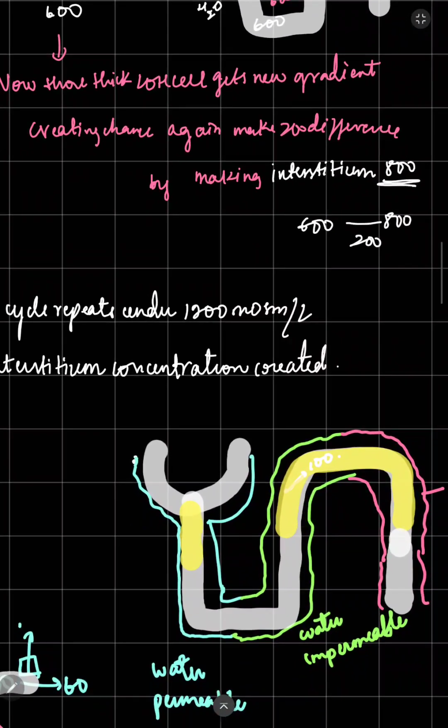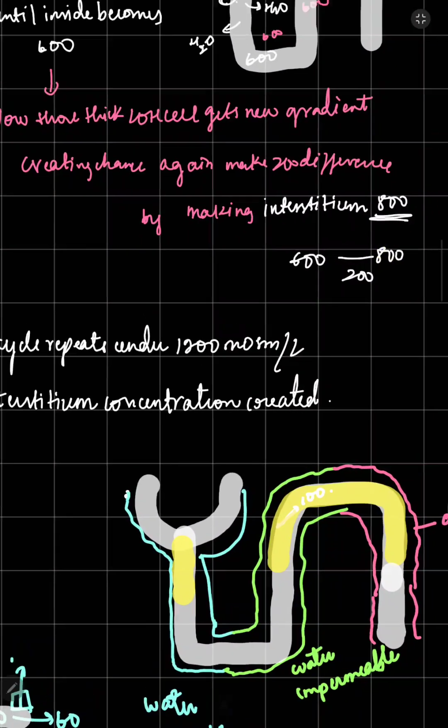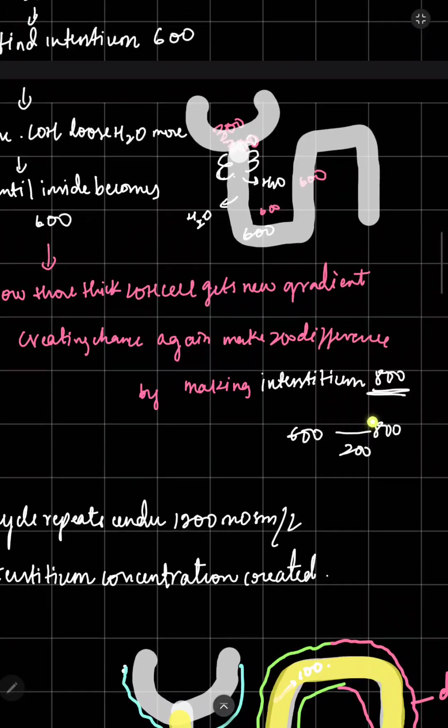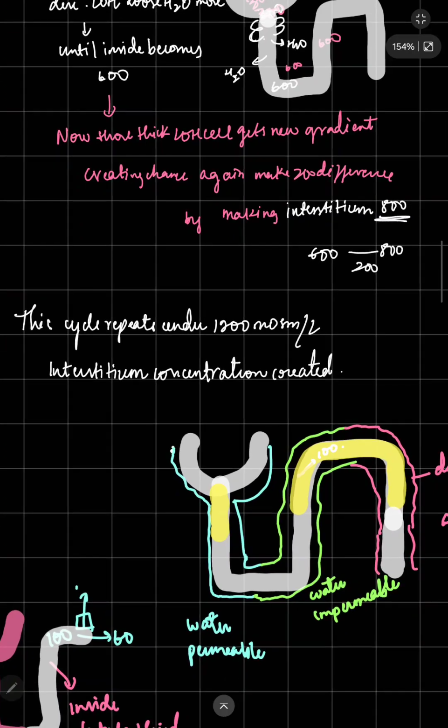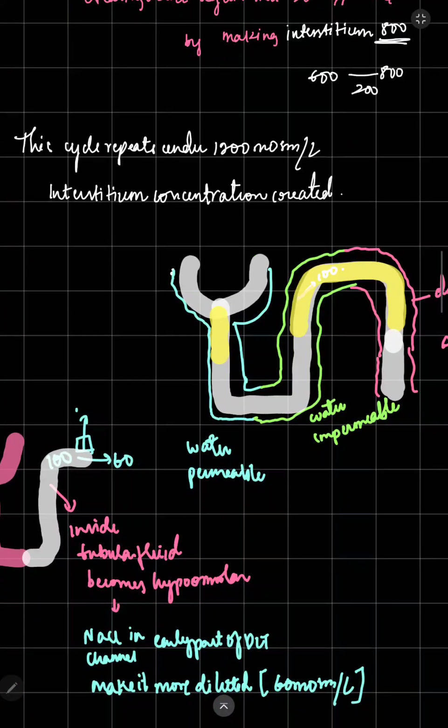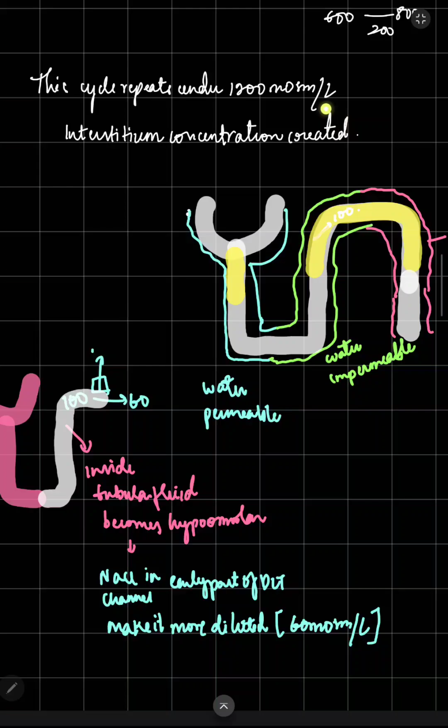And this 800 again the fluid enters. The same process keeps on occurring until the osmolarity reaches 1200. Finally the cycle repeats until a 1200 milliosmol per liter interstitium concentration is created.